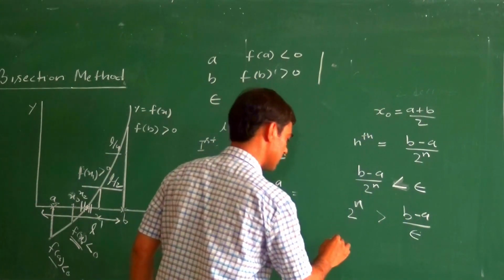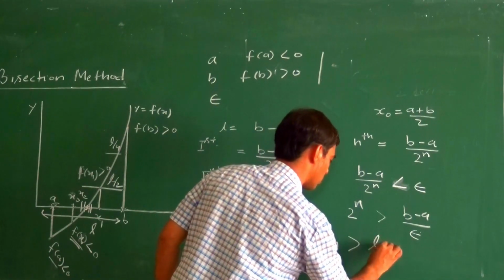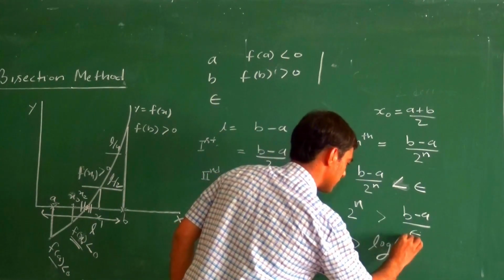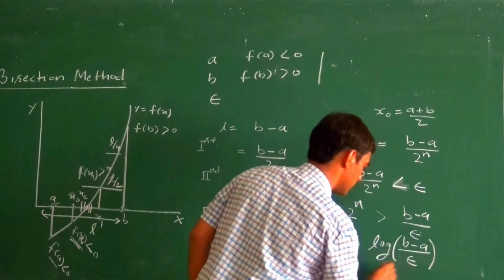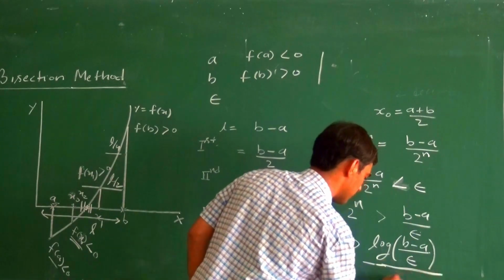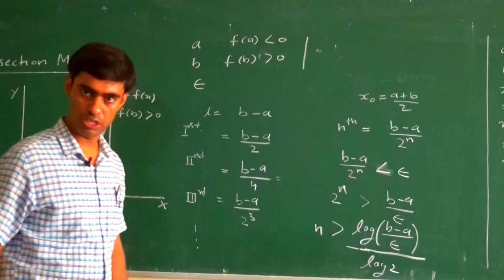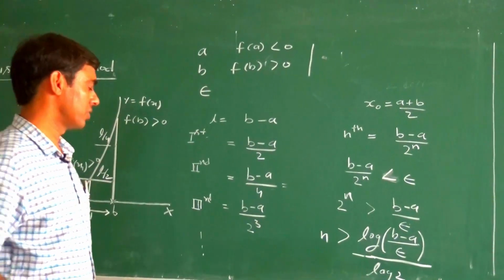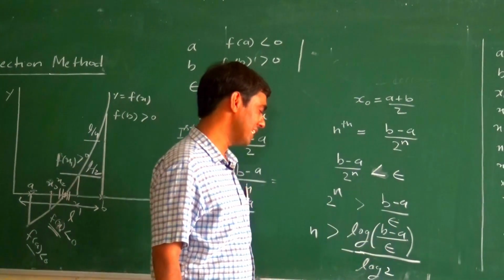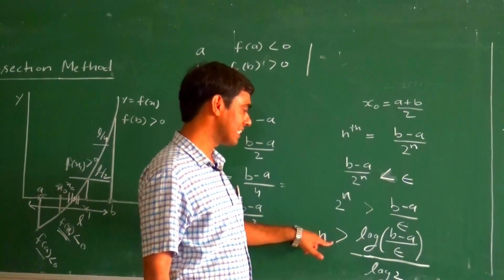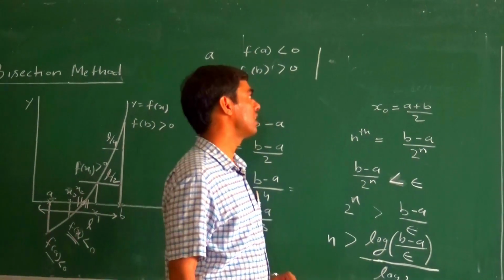Taking log on both sides, n is greater than log of (b minus a) upon epsilon divided by log 2. So, if we have the values of a and b, then n must be greater than log of (b minus a) upon epsilon divided by log 2.